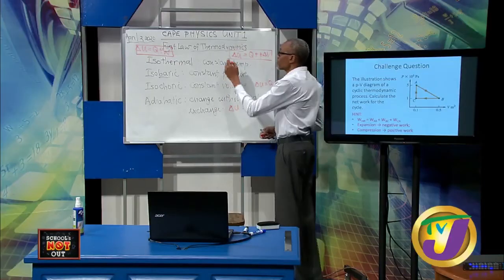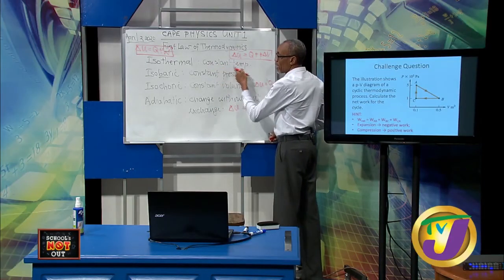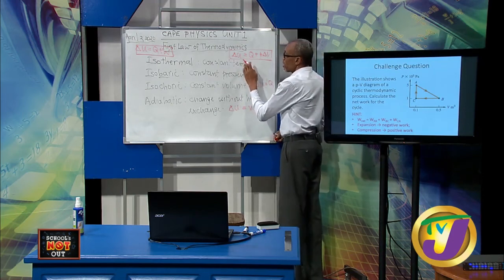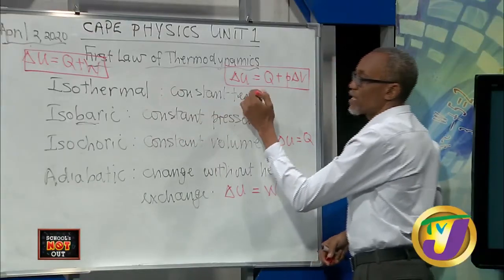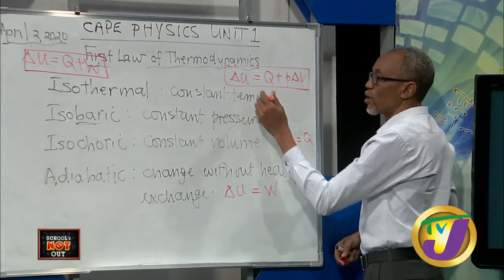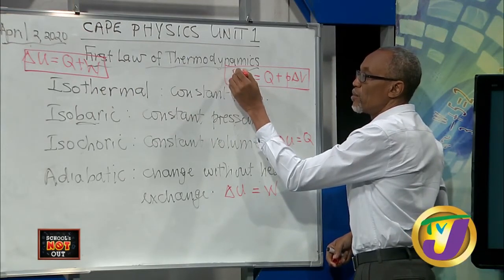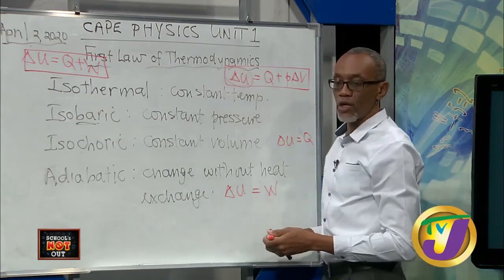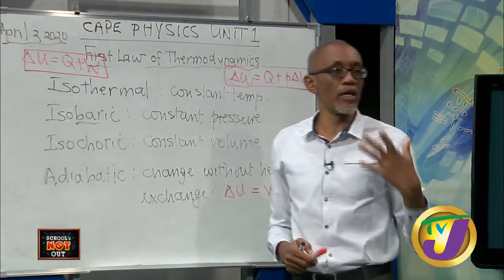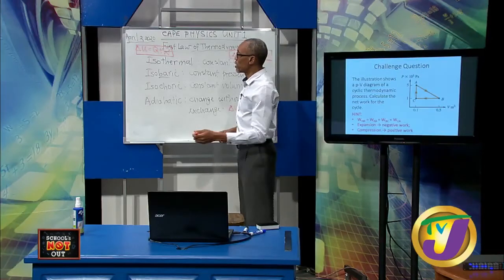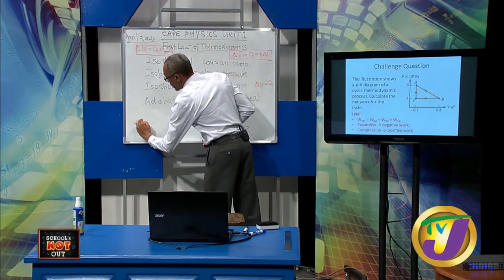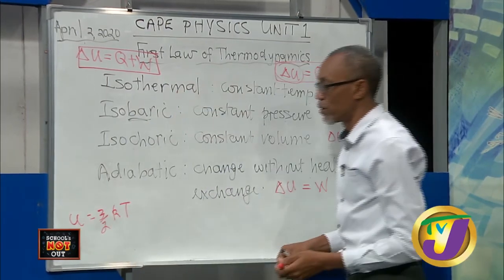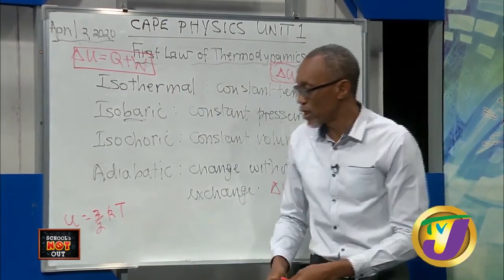Now, let's go to a constant pressure change. But before that, let's do the isothermal. For the isothermal, it means that there is no change in internal energy, because if you remember your kinetic theory, the internal energy U is equal to 3 over 2 kT, right? And k is Boltzmann's constant.